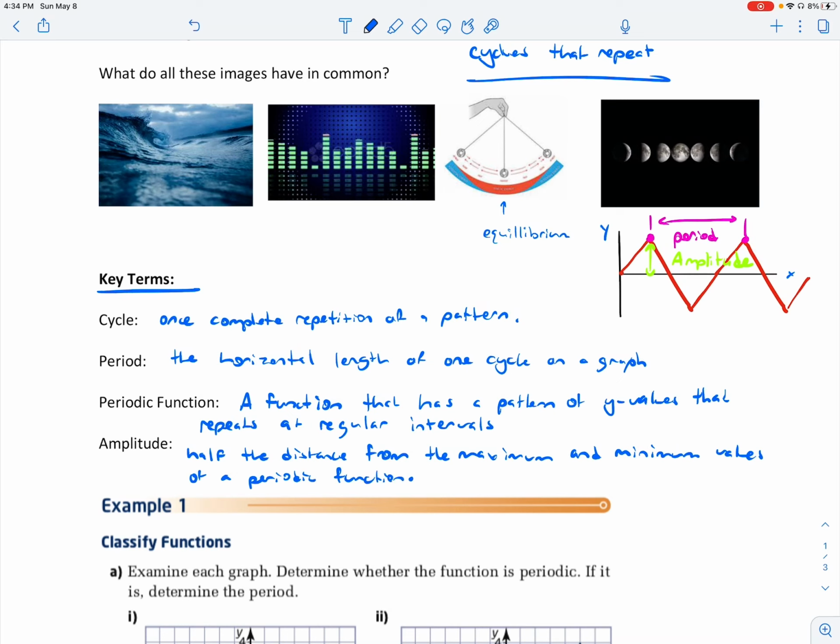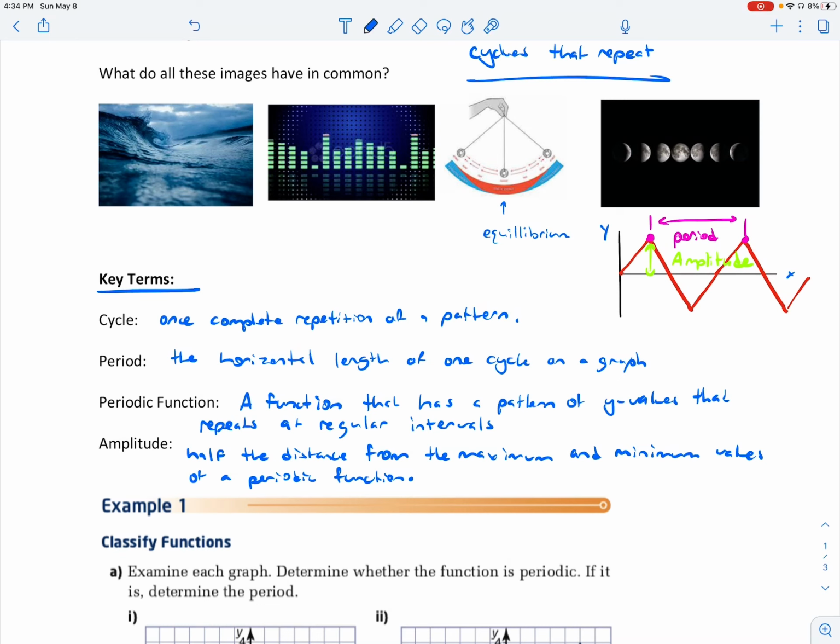So it's half the distance between the max and min on a periodic function. If I read the max value on the graph and the minimum value, I would take this distance and chop it in half. That's the amplitude.